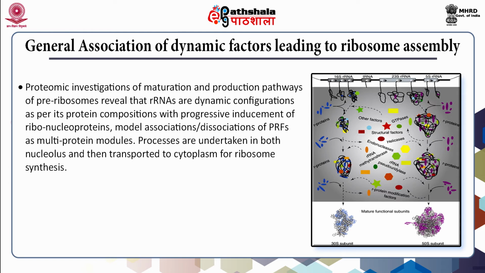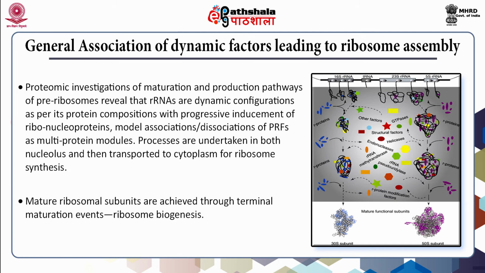The process is usually undertaken in the nucleolus, though many maturation events are associated in the nucleoplasm. Pre-ribosomes once formed are transported to the cytoplasm, where terminal maturation events to generate mature ribosomal subunits occur.